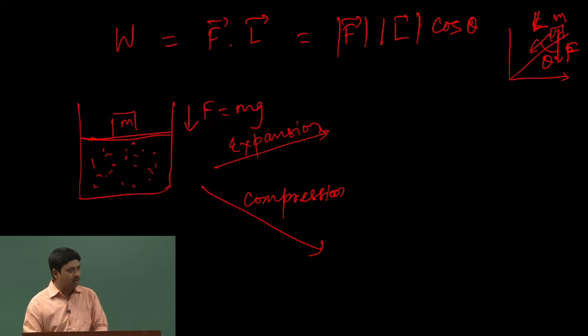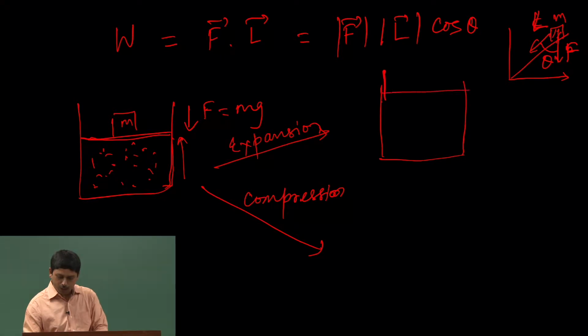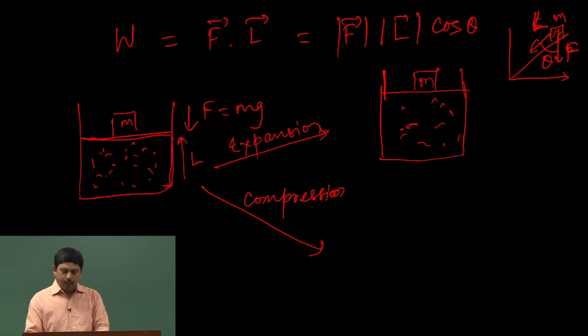So, in case of expansion, let us say the area is fixed, for a fixed area, the length or the height of the gas is going to increase, right. Let us say I draw that here. Since that happens, the displacement is in the opposite direction of the force.